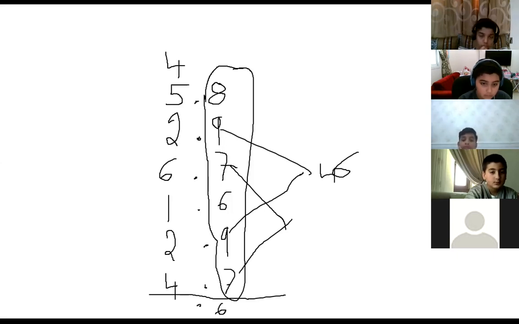I keep it here, right? I add up all these numbers with number 4 and I will end up with 24.6. Is it clear now? Okay. I don't want you to make this mistake next time. Any question? Okay.